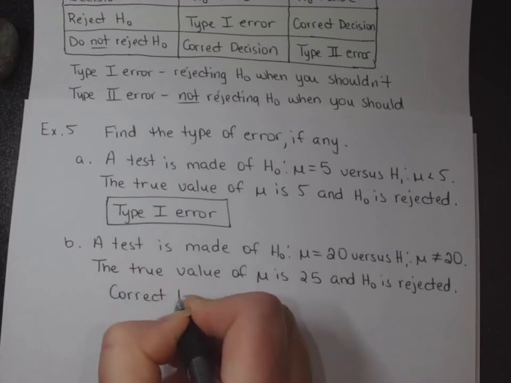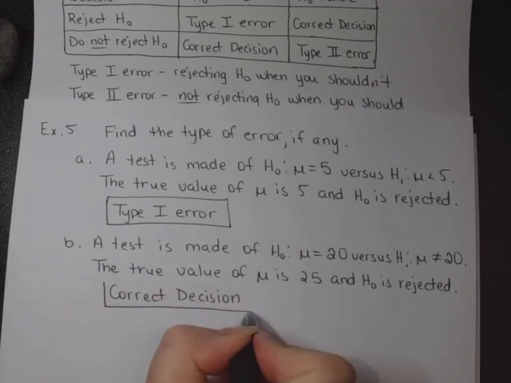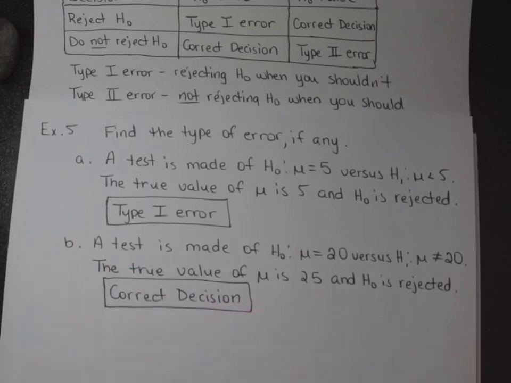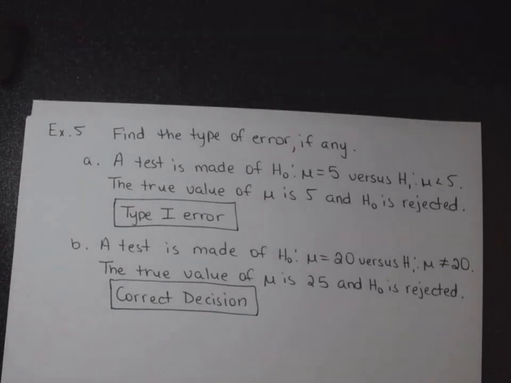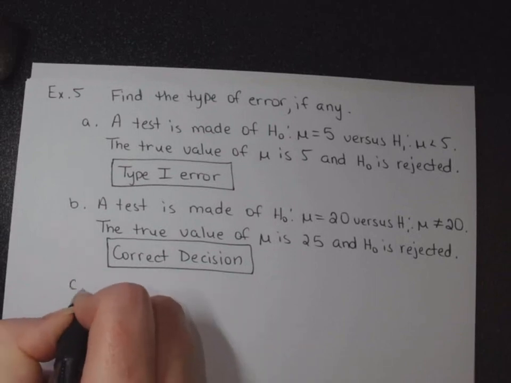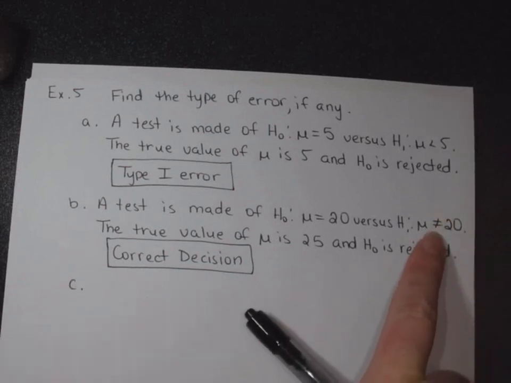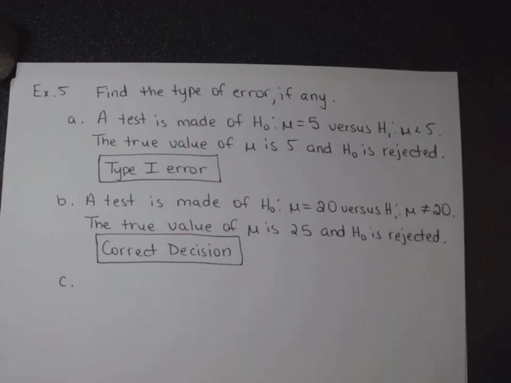So there's no error here. This is the correct decision. The mean did not end up being what we thought it was of 20, so we rejected the null hypothesis. By the way, notice, it doesn't mean that we knew that it was 25. We just knew it was something other than 20, right?